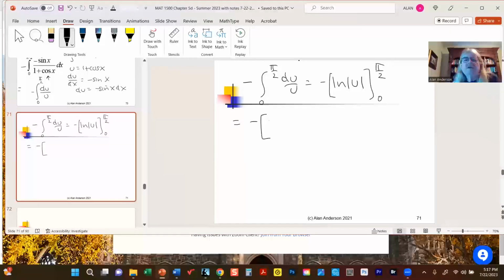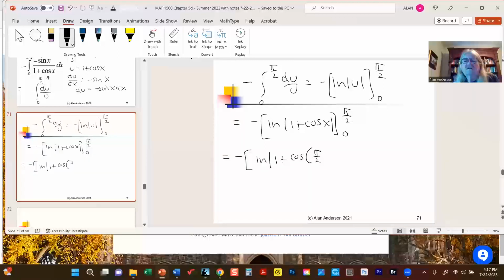And remember, u is 1 plus cosine x. So I'm making the substitutions. Oh, actually, wait a minute. Wait. Yeah, no, that's right. This is supposed to be zero. That's why this is zero.